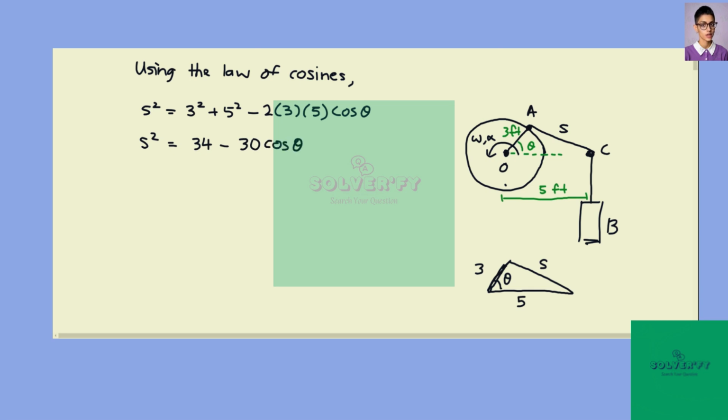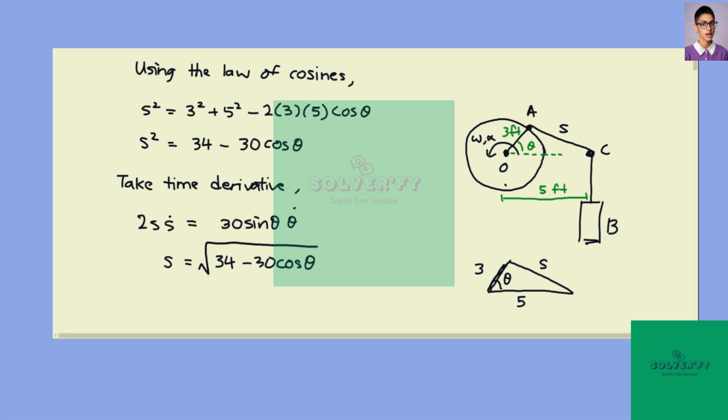So when we take the time derivative, we have 2 s s dot is equal to 30 sine theta theta dot. In this equation we still have s, and s is actually equal to the square root of 34 minus 30 cosine theta.